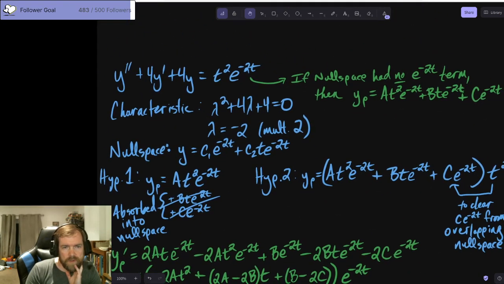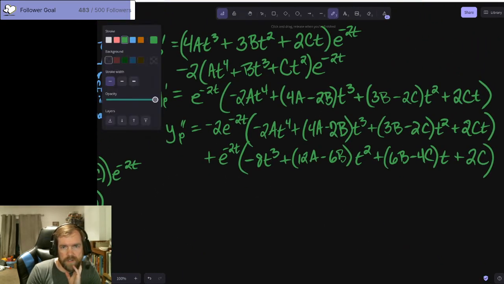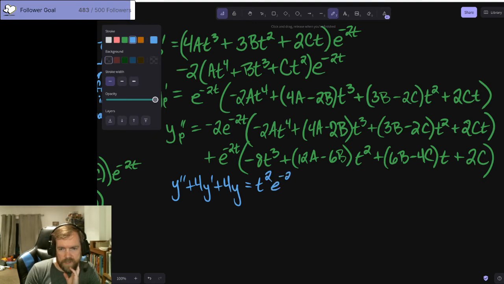So y double prime plus 4y prime plus 4y is equal to t squared e to the negative 2t. Then e to the negative 2t is going to clear out of every single term, and we don't have to worry about it anymore.